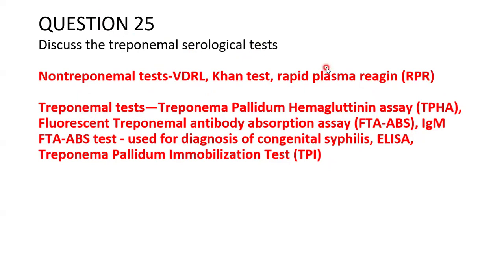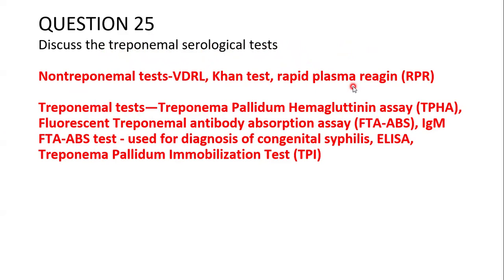Then these ones are definitive tests. So if the question asked, discuss the definitive serological tests of treponema, you answer this. If they ask to mention 2 screening tests for treponema pallidum or syphilis, it's VDRL and rapid plasma reagent.